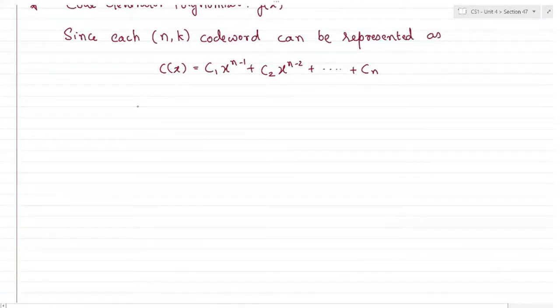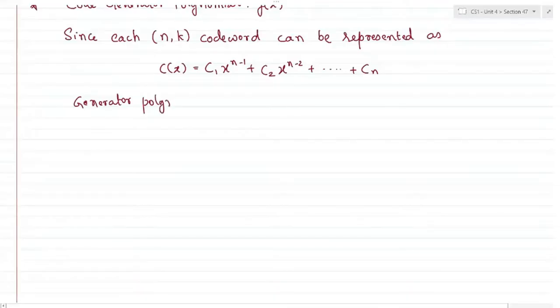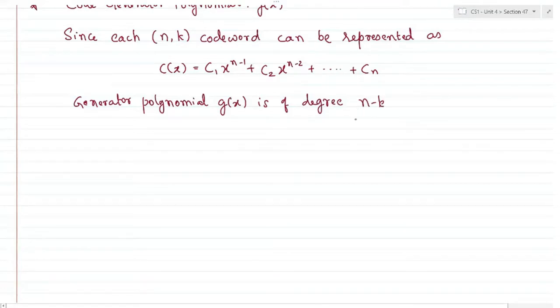The generator polynomial g of x is of degree n minus k, where this represents the redundancy involved in the encoded word.